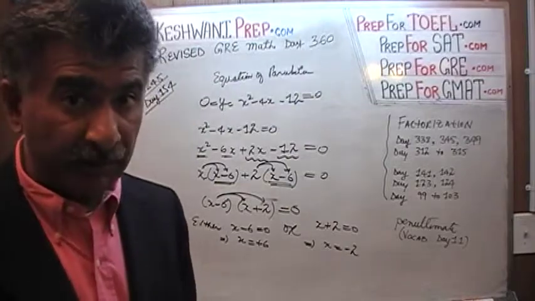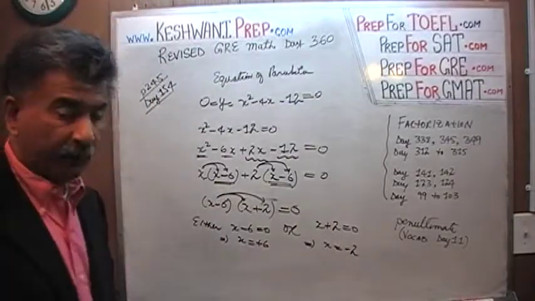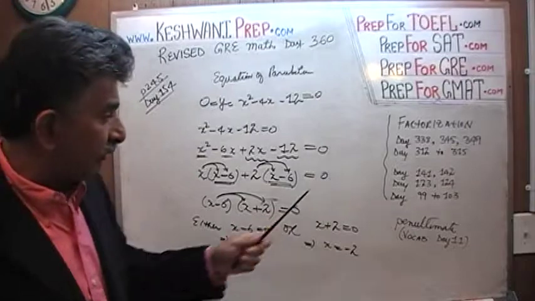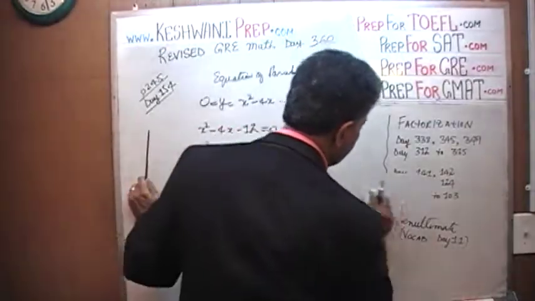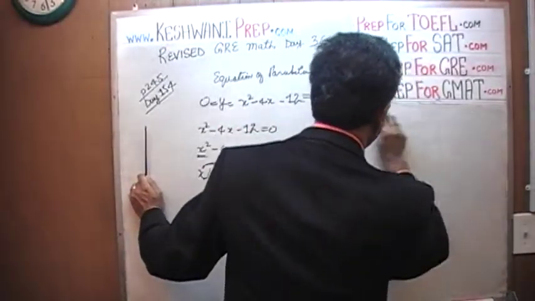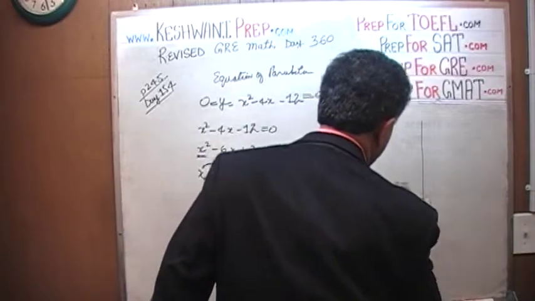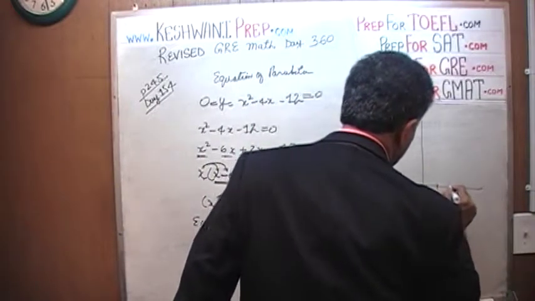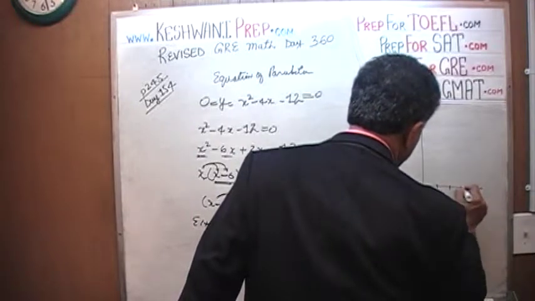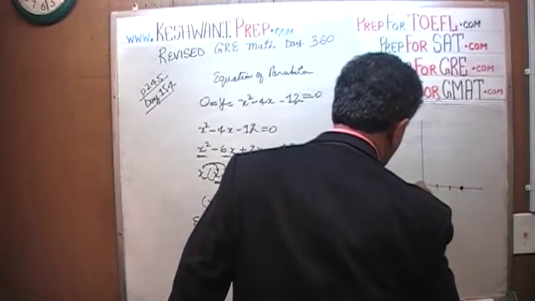We need the room to plot the parabola. I have no room on the blackboard, so let's plot it here. Okay, I'm going to erase all of this now. We don't need it. So here we go, 2, 4, 6, and 2.